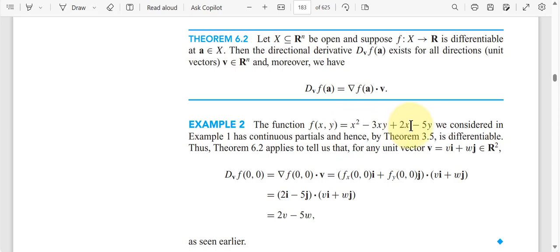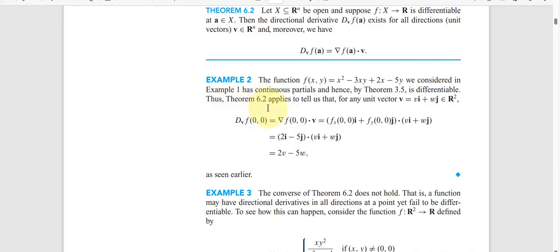So suppose we have this function, which is a function of x and y. And I guess we considered this before. By theorem 6.2, this one here applies to tell us that for any unit vector, v should be a unit vector, suppose we want the derivative in the v direction at 0, 0, at the origin.